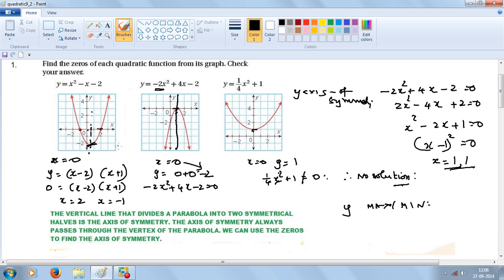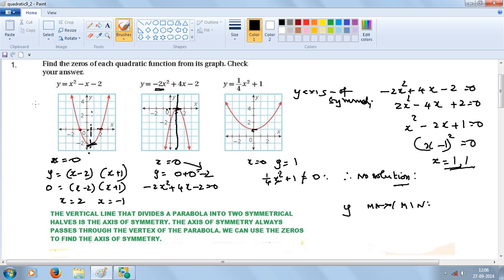You find the average, you get the x coordinate of the axis of symmetry. What about the second case? x is equal to 1, so there's no question of taking an average. What about the third case? It is on the y-axis, so x is equal to 0.